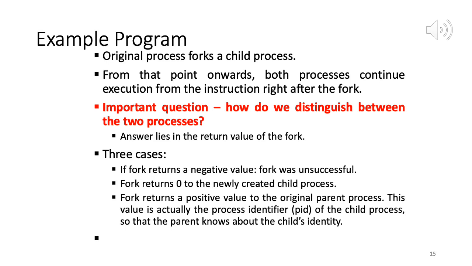For the child, PID will contain value 0. For the parent, PID will contain a value greater than 0, specifically the PID of the child. That way we can distinguish between the two, and we can use that if else to have both the parent and child execute different things. So fork returns 0 to the newly created child, and a positive value to the original parent process.